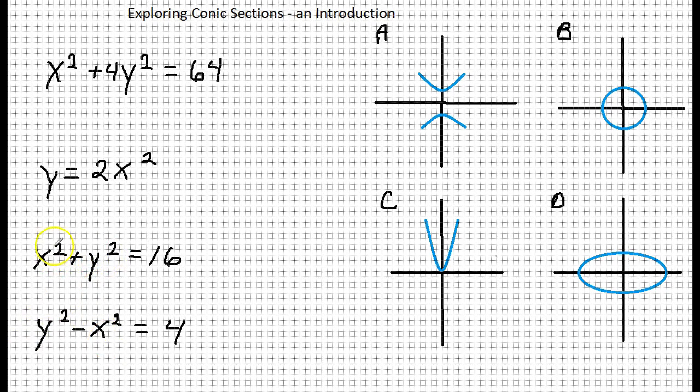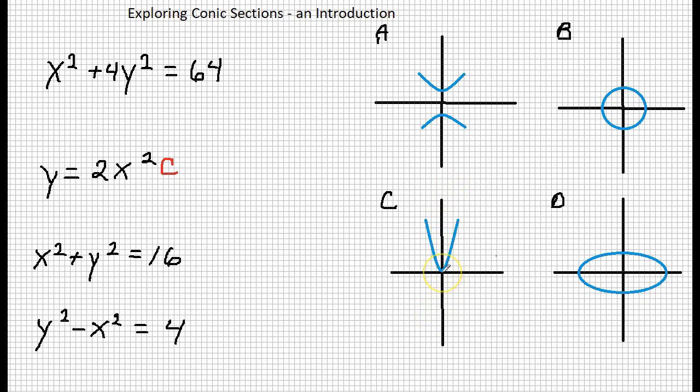Each one of these here, this third one and this fourth one, have two squared variables, x's and y's. There's only one that has one squared variable, and we've graphed things that look like this before. So this right here is choice C. This is our parabola.